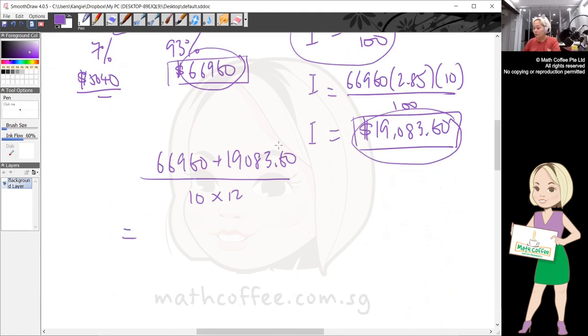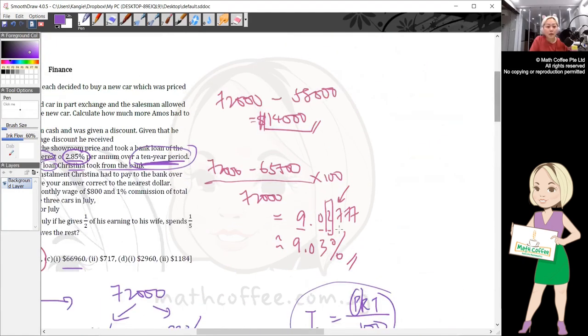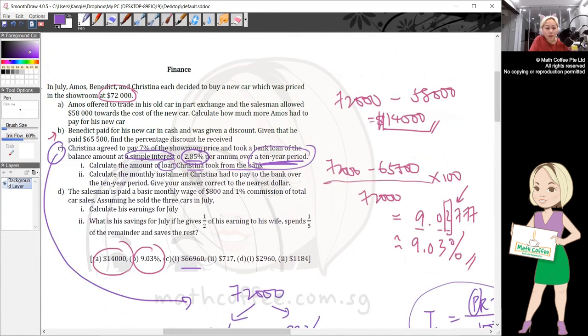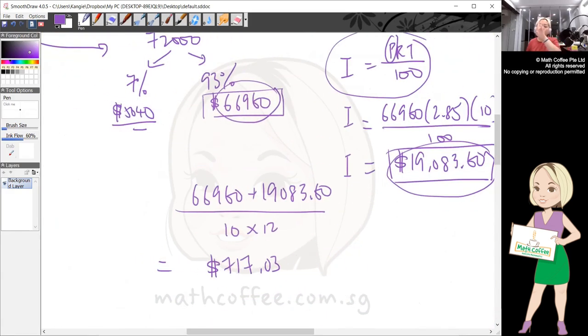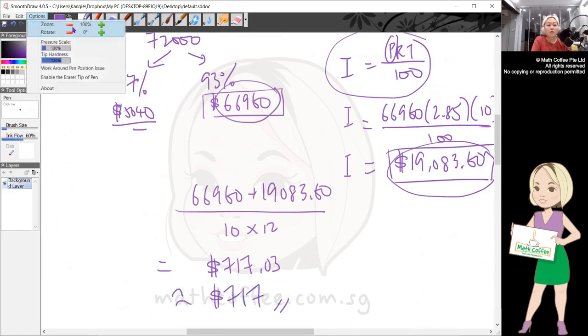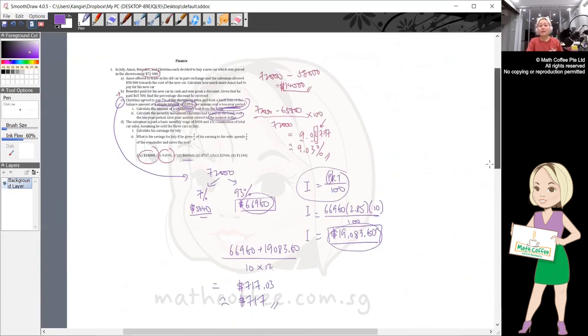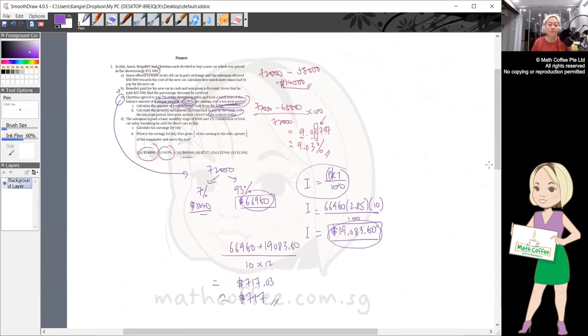So I will get 717.03. Then they mentioned they want it to the nearest dollar. For money the default is 2DP, but this one is to the nearest dollar, so I need to round off to 717. So this guy is going to pay $717 a month for the car. Okay, this number makes sense.